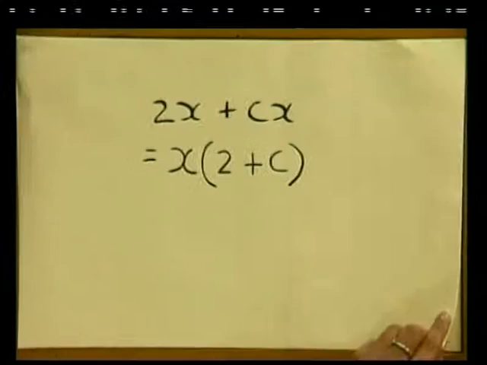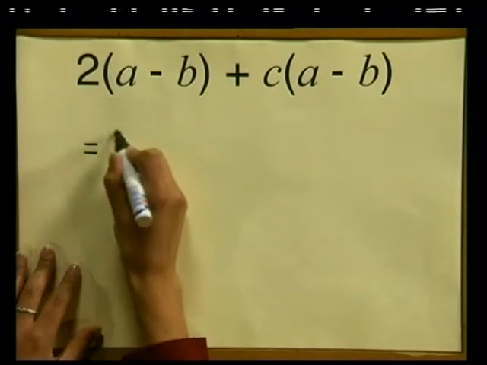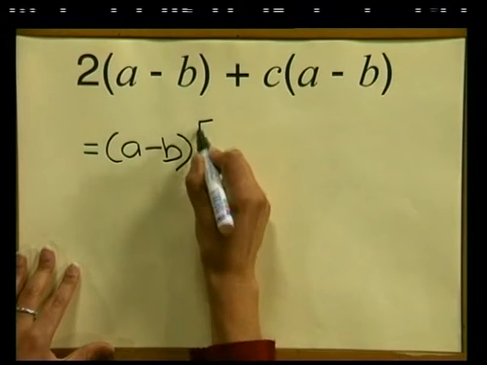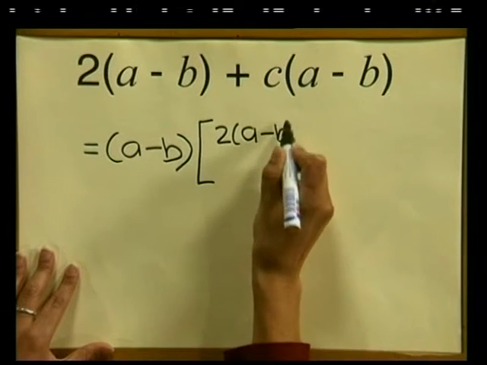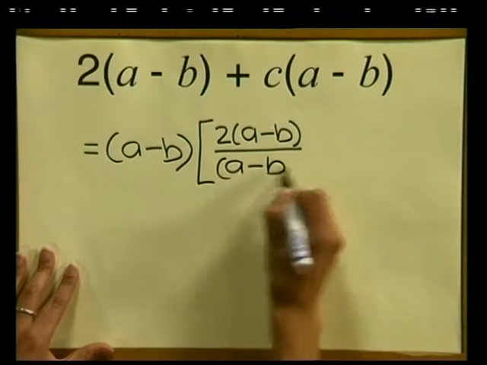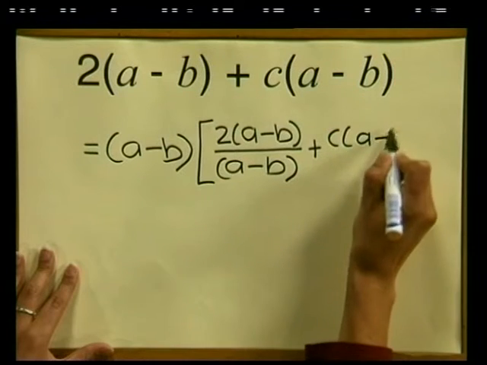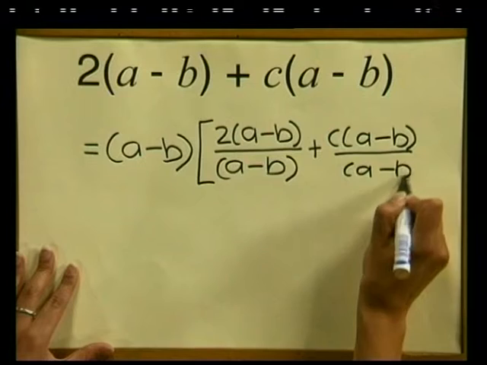Now we can do the same thing in our question. We can take out the common bracket a minus b. And what we're left with is, let's just show you the extra step, 2 multiplied by a minus b divided by our common factor a minus b, plus c multiplied by a minus b divided by our common factor a minus b.